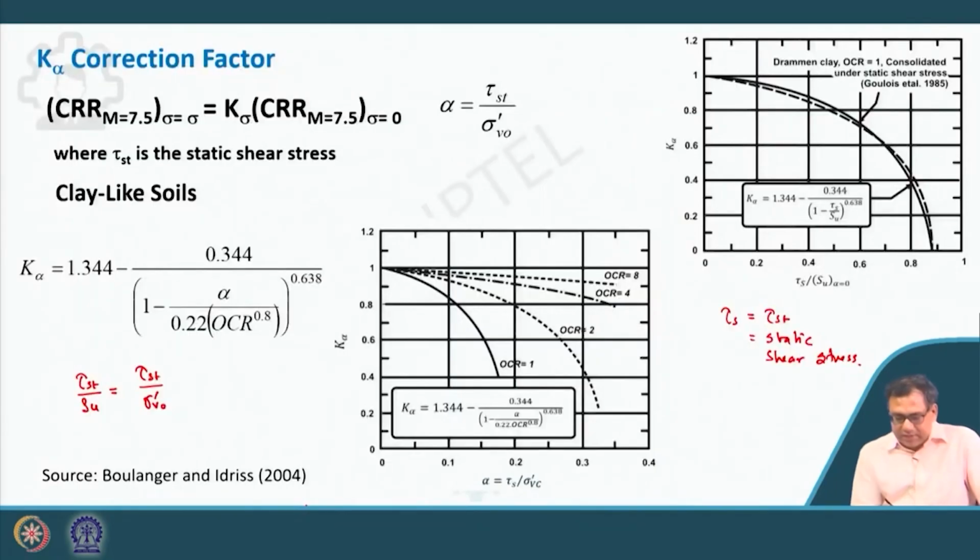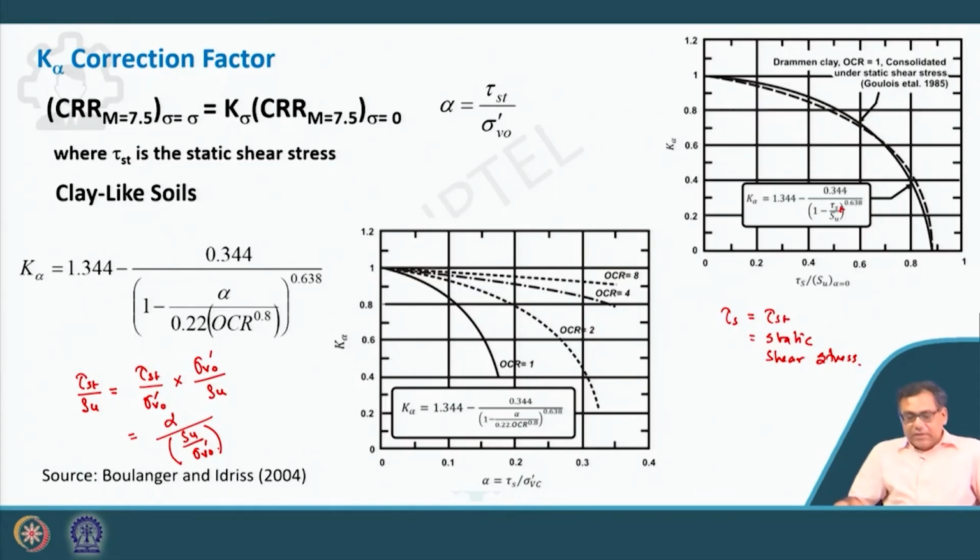So now this tau ST divided by Su, I can write as tau ST divided by sigma V 0 dash, into sigma V 0 dash by Su. So this is nothing but the alpha. You can see this is alpha. So this will be equal to alpha divided by Su by sigma V dash 0.